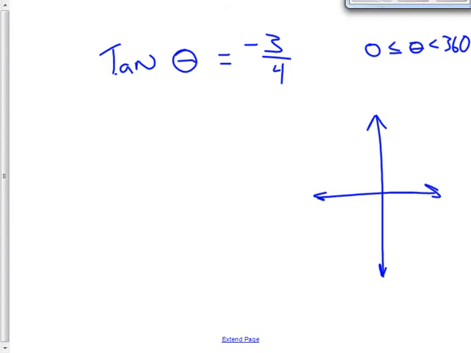But ultimately, I'm taking a negative y over a positive x, which gets me down in this quadrant down here, or I'm taking a negative x and a positive y. So these are my two angles, and this is the reference angle that I'm going to find by solving this equation. So I'm going to take the inverse tangent to both sides.